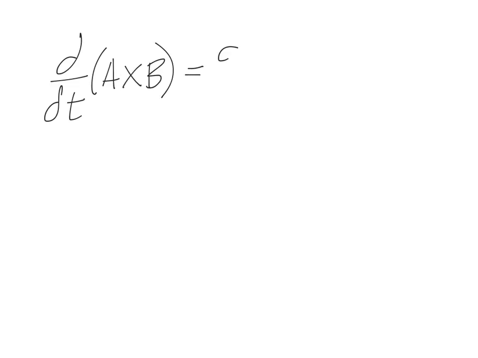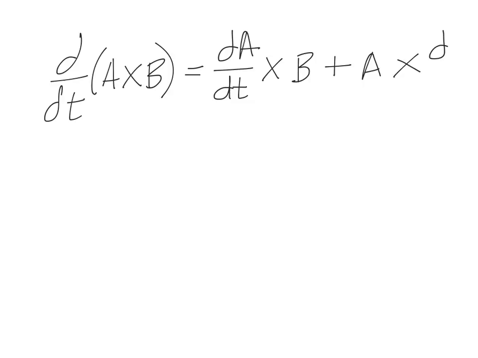The rule for taking the derivative with respect to time of this cross product, A cross B, is that the result is the derivative of vector A with respect to time, cross the B vector, and then I'm going to add the A vector cross the derivative of the B vector. And that's the rule that we're going to use here.